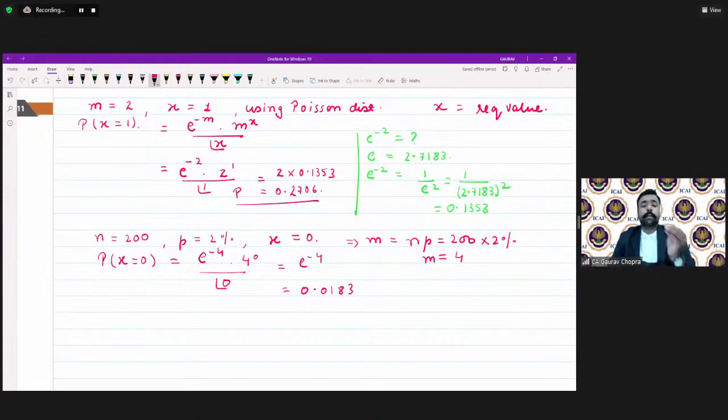So 200 multiplied with 2%, so mean is 4. Now we have to calculate the probability. तो probability के फॉर्मूले में हमने mean पुट किया 4, x की वैल्यू पुट कर दी 0, एंड ये दोनों पुट करते ही फाइनल रिजल्ट जो हमारे पास आया है दैट 0.0183. Okay.